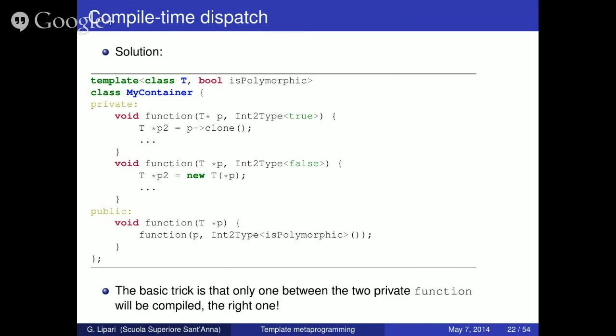So there is maybe a little bit of overhead involved, but some smart compiler could also eliminate this overhead. Since the parameter is not used, maybe it is not even passed. So some smart compiler could actually optimize away the second parameter and just choose the right function to compile.